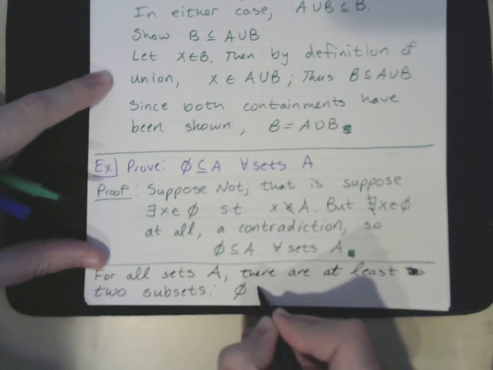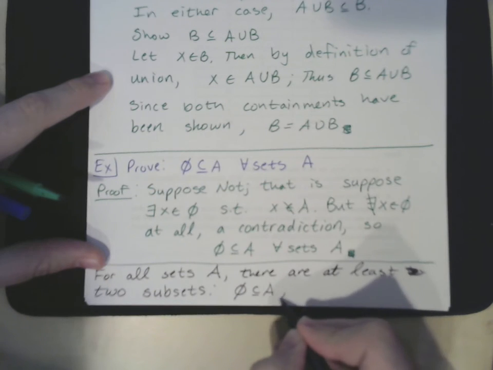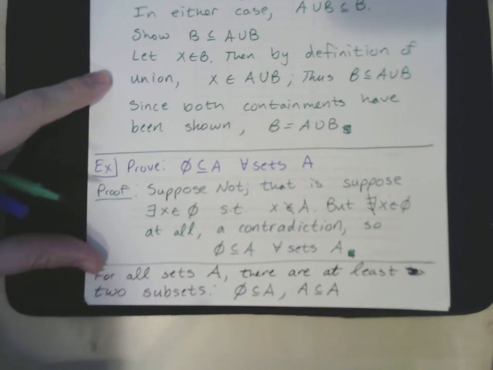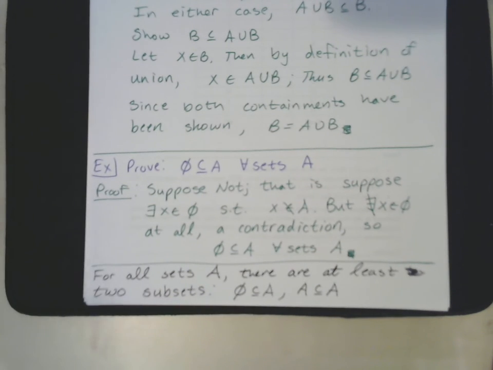The empty set is always a subset, as we just proved. And the set itself is an improper subset. And when your set A happens to be the empty set, well, then these two things collapse into the same property. But you can always have minimum two subsets, the subset of nothing and the subset of everything. And it turns out if you have a non-trivial set, a non-empty set, you always have at least more than these two.